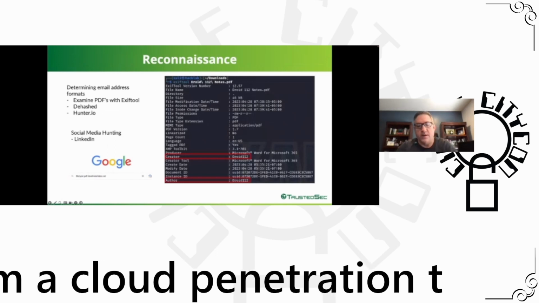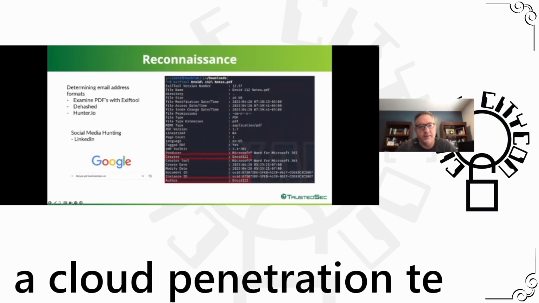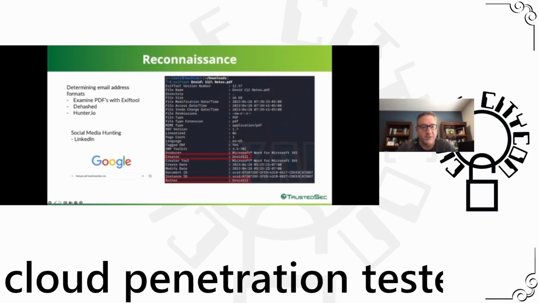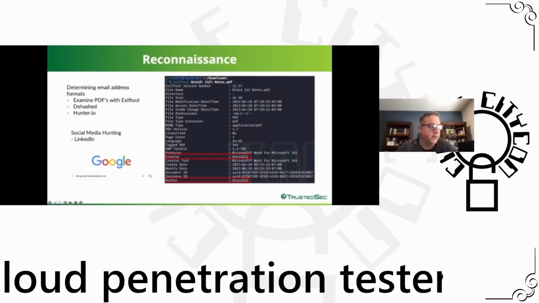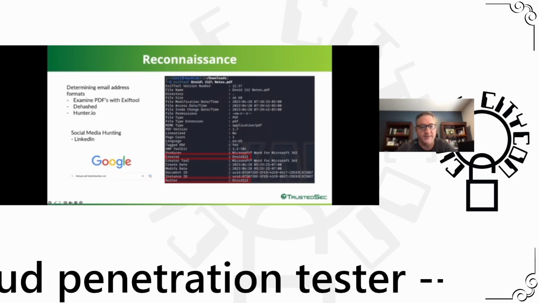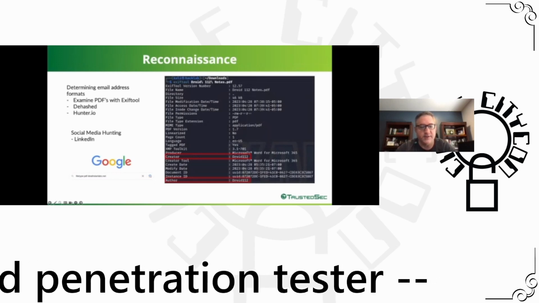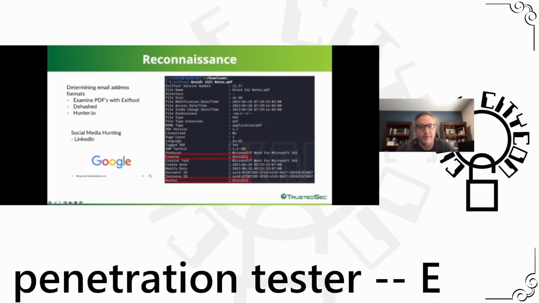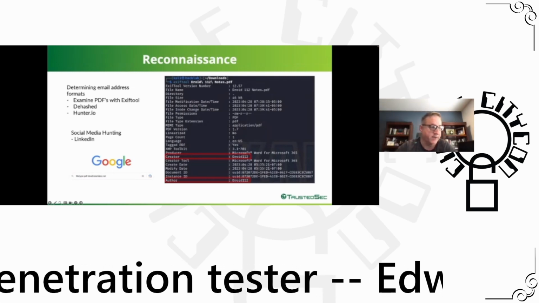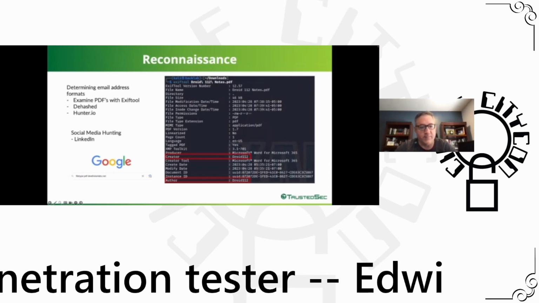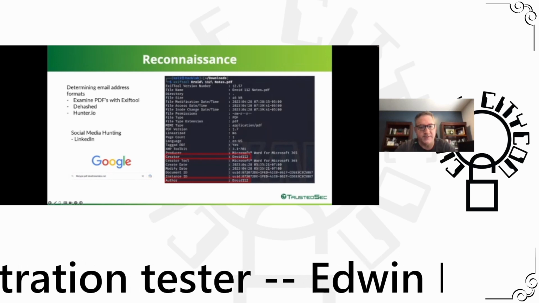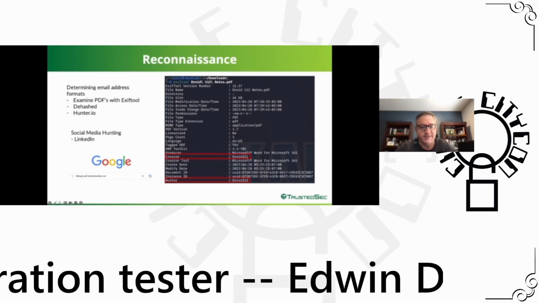So along with general reconnaissance, typically some of the tools that I like to use are Dehashed and Hunter.io. I really like to scrape PDFs from public facing websites, because in a lot of instances they will have creators or authors that may either disclose the SAM account naming convention in the on-prem Active Directory environment, or in this case, we see here that this PDF was produced in Microsoft 365.